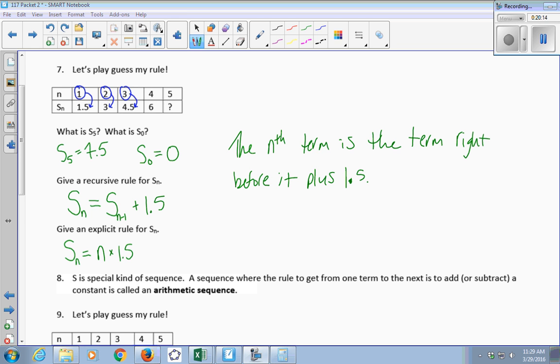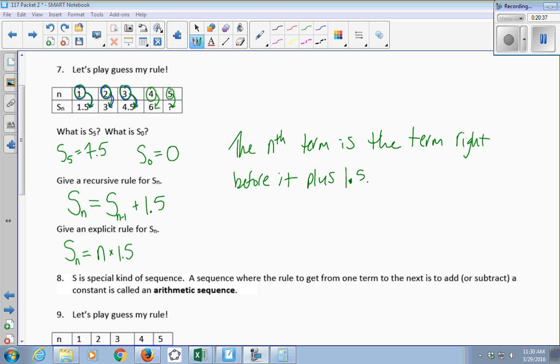So 1 times 1.5 is 1.5. 2 times 1.5 is 3. 3 times 1.5 is 4.5. 4 times 1.5 is 6. 5 times 1.5 is 7.5. So that pattern works. Yeah.